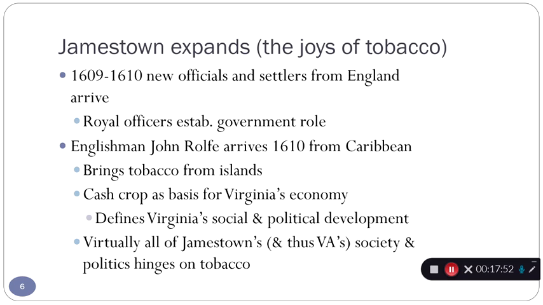Tobacco is also going to be the defining feature of Virginia's society, Virginia's politics, Virginia's culture in a lot of ways. And the distinctions between the way Virginia develops and the way other colonies, especially in New England, develop will really be the starting point for tensions that will ultimately lead to the Civil War.